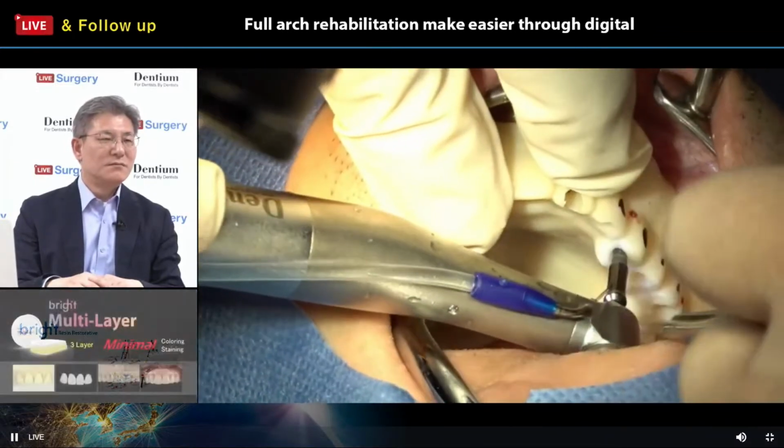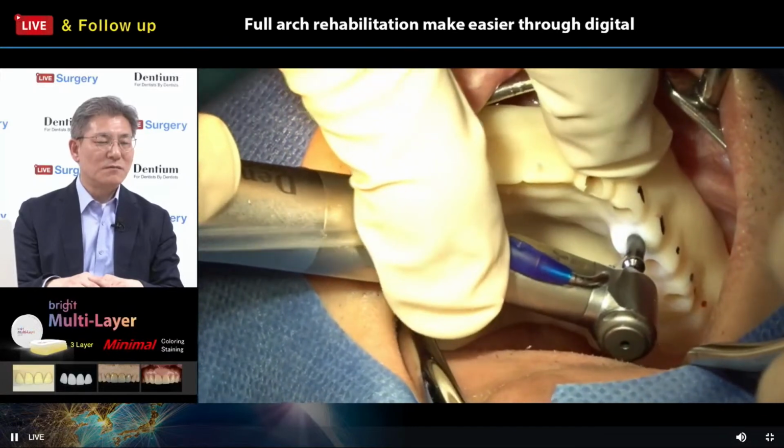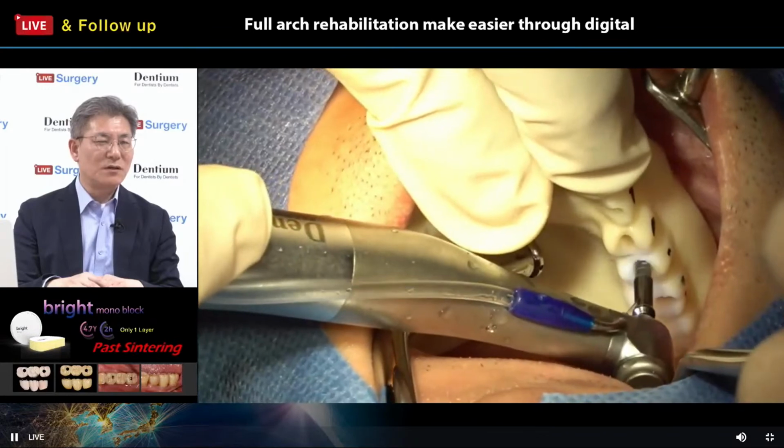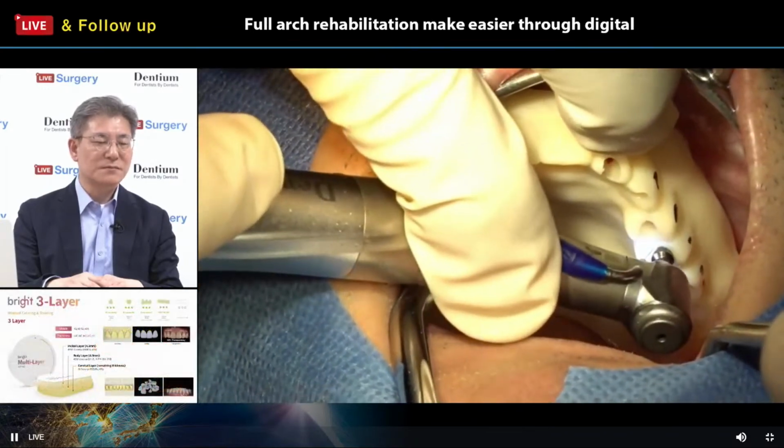Okay. Making a hole, making an indentation, before the incision.